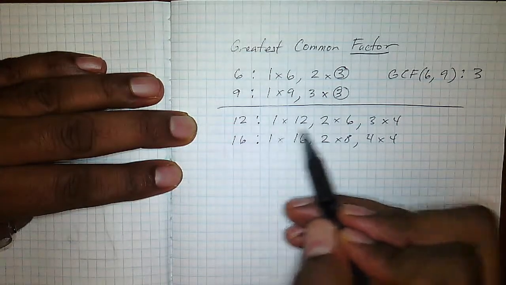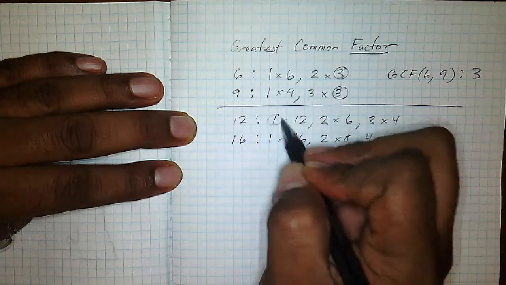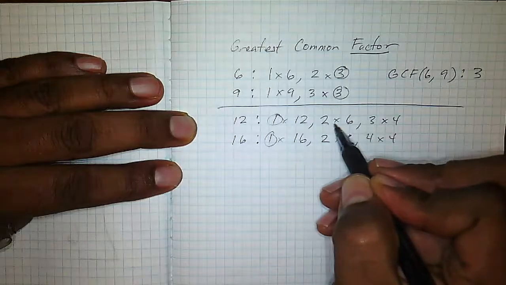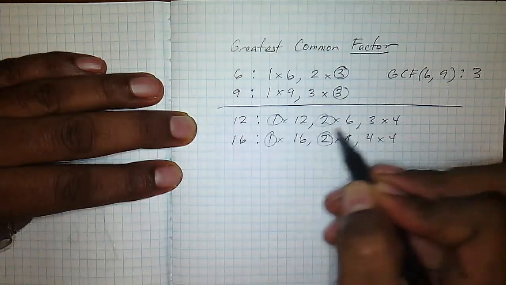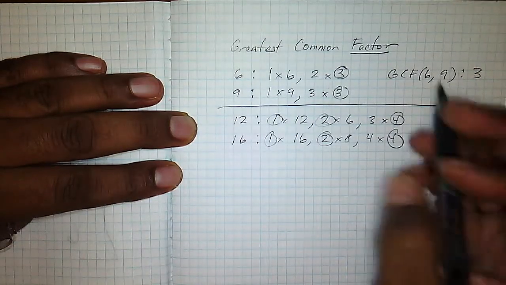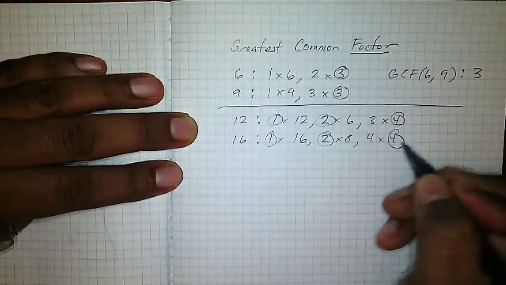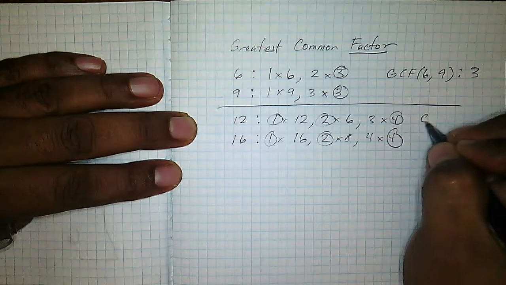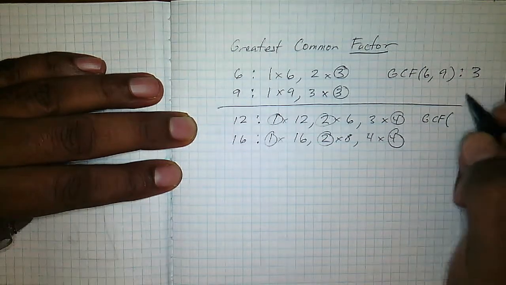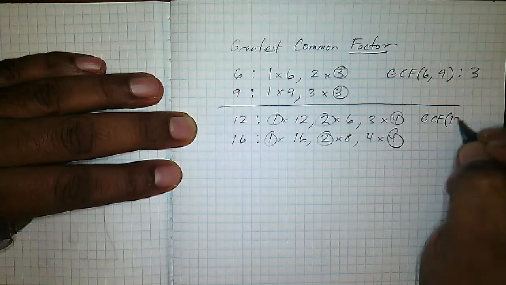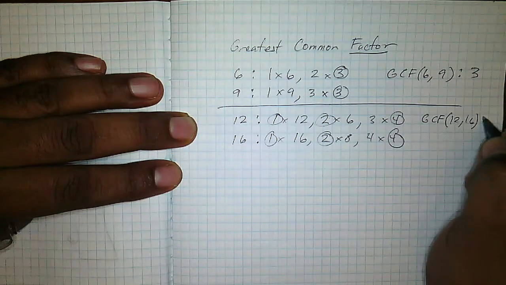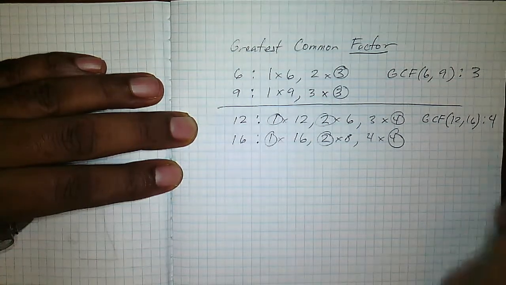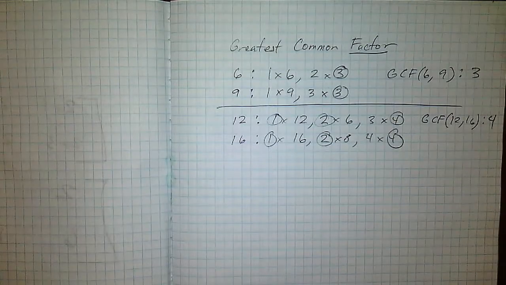And if we scan the list, of course, we have 1 in common. We have 2 in common. And we also have 4 in common. So the greatest of all these numbers we got circled is 4. Okay, so the GCF of 12 and 16 is 4. Alright, and that's one method.